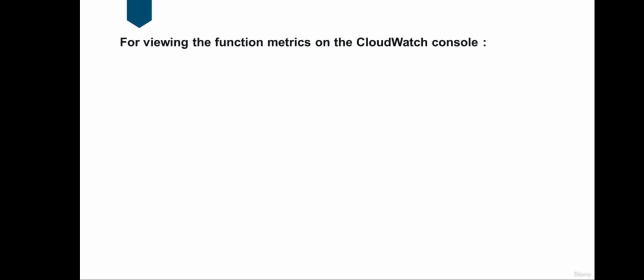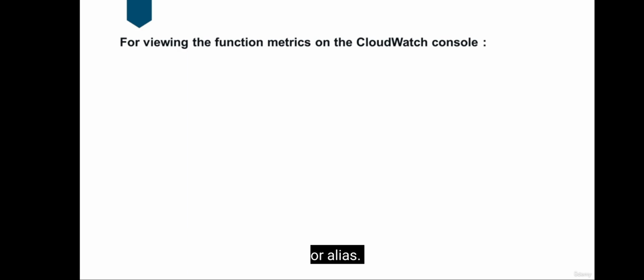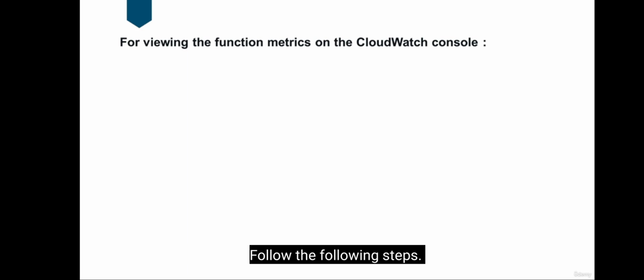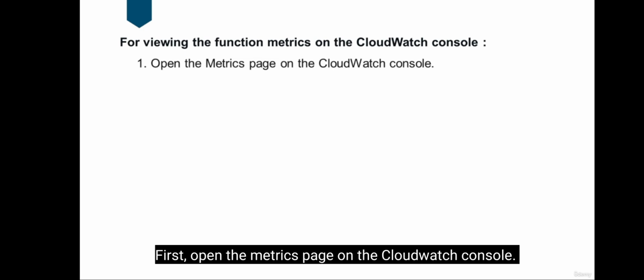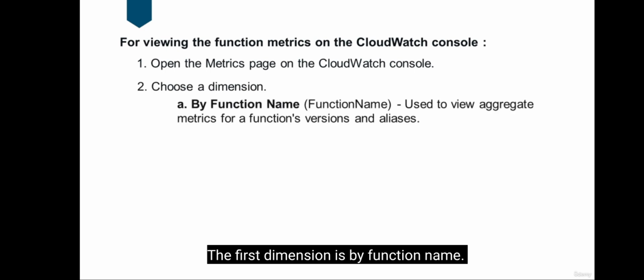Viewing metrics on Amazon CloudWatch console. We can use the Amazon CloudWatch console to filter and sort function metrics by the function name, version, or alias. For viewing the function metrics on the Amazon CloudWatch console, follow these steps. First, open the metrics page on the CloudWatch console. Second, choose a dimension. The first dimension is by function name.